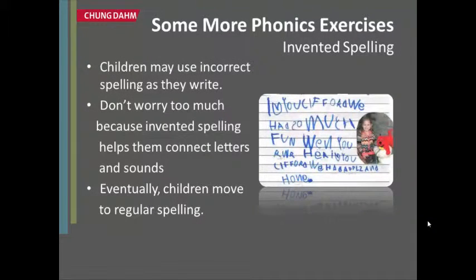Another idea is invented spelling, and that is basically allowing students to spell words as those words sound to the student. So for example, if the word home sounds to me like H-O-M, I can spell it that way.